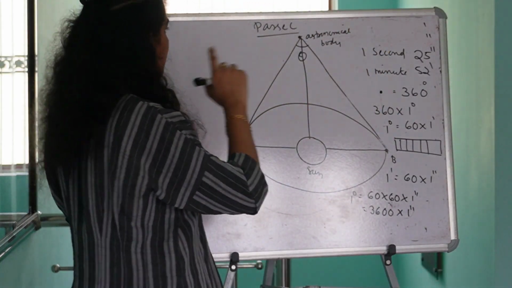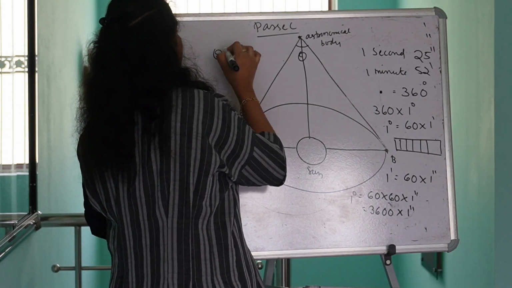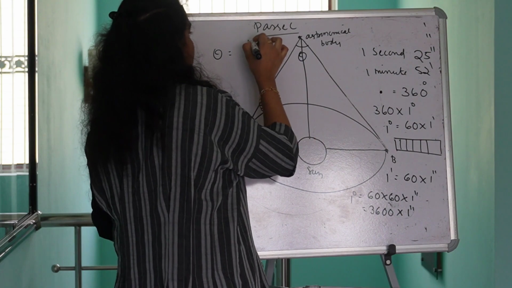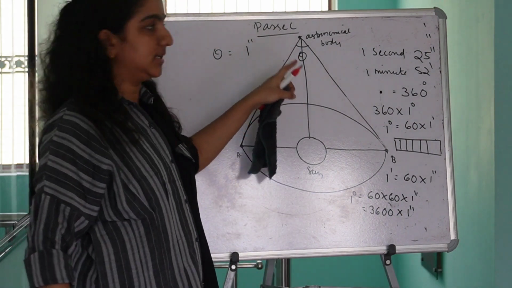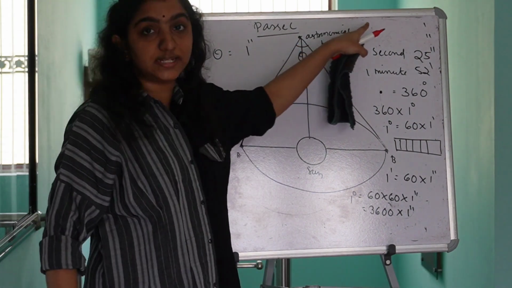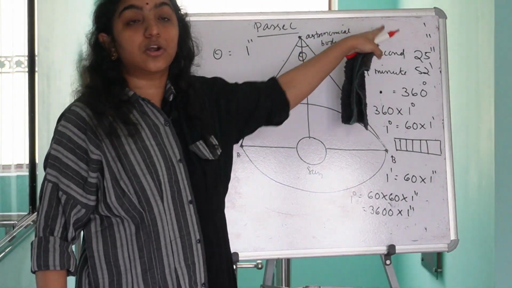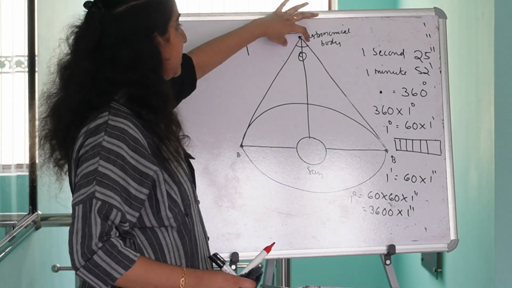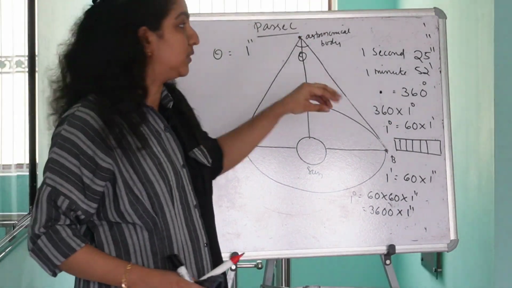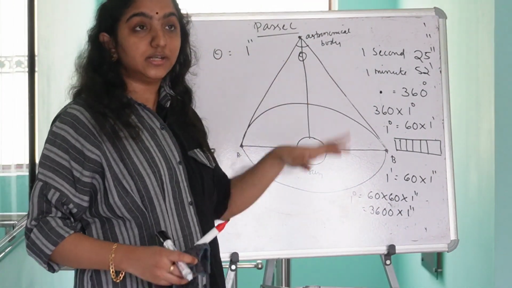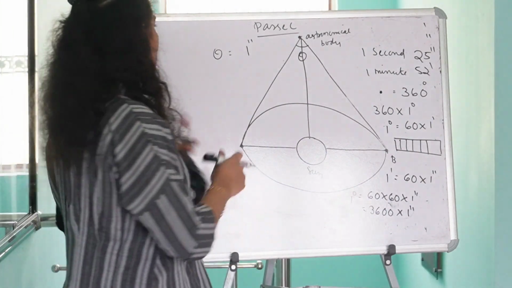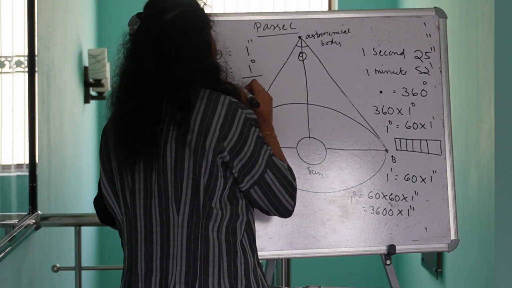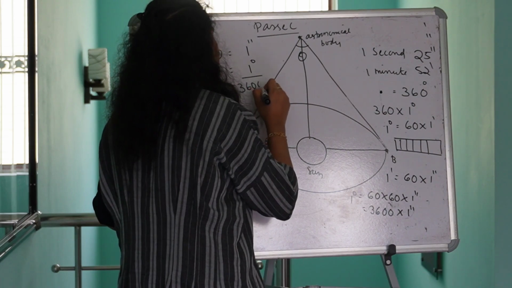So what is parsec? It is the distance to the astronomical body from the sun when the parallax angle formed is equal to 1 arc second, or simply 1 second. What does it mean? That is equal to 1 degree divided by 3600.